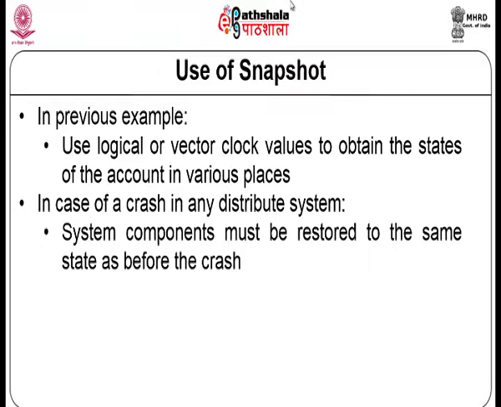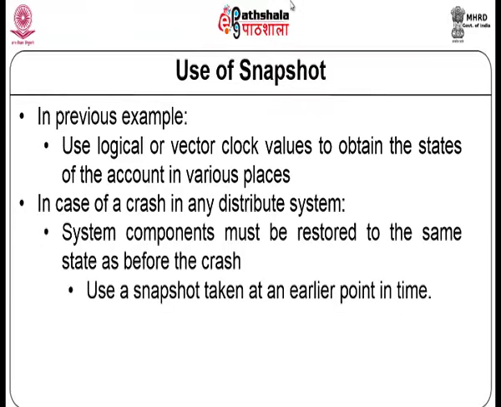So, we can take a snapshot every now and then, keep these snapshots, and whenever there is a crash of the system, we look at the most recent snapshot that we have, and we restore the system back to that point.